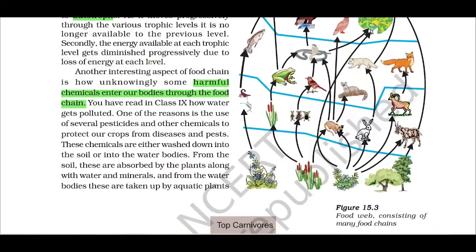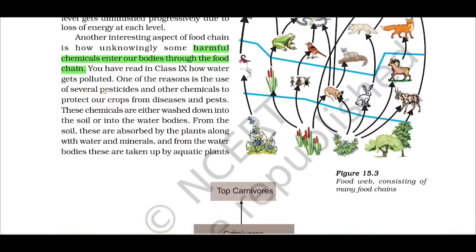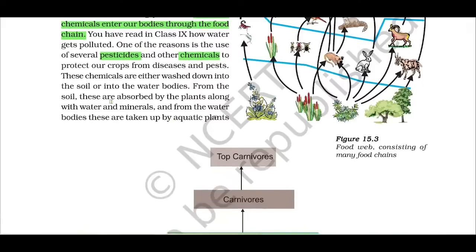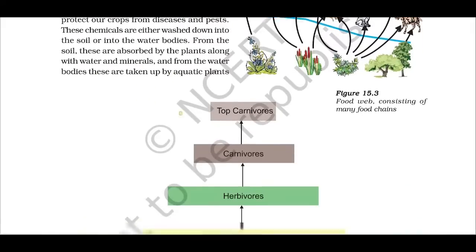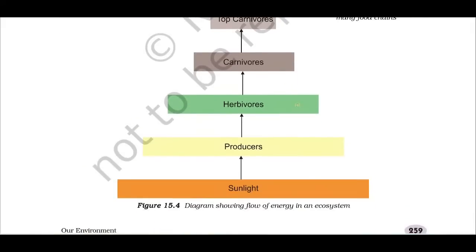Biological magnification. The pesticides and other chemicals used to protect our crops from diseases and pests are either washed down to the soil or into the water bodies. Again, what happens?